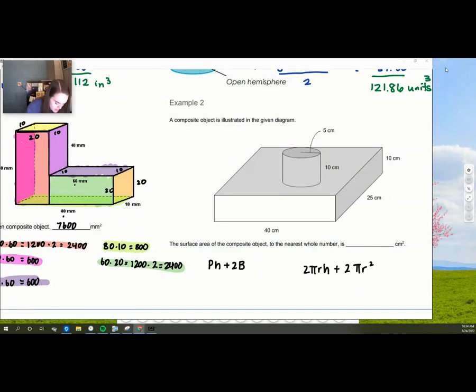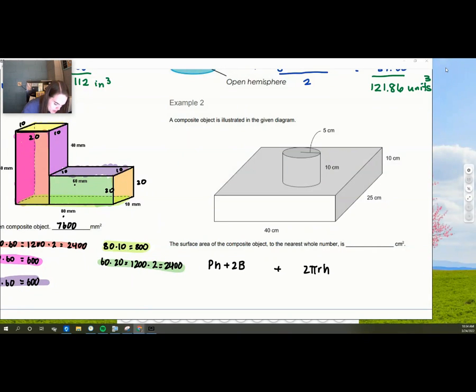So let's think about this. If we are going to be adding these together, but we're going to be subtracting 2 pi r squared because we're going to subtract 2 circles, we don't need to do this, and then we don't have to subtract. So what we are literally doing is adding the surface area of the prism to the lateral area of the cylinder.